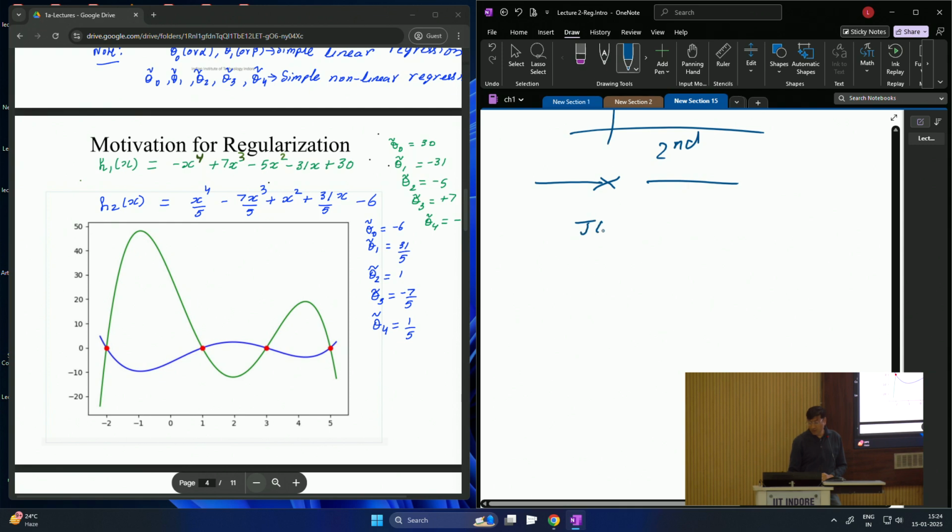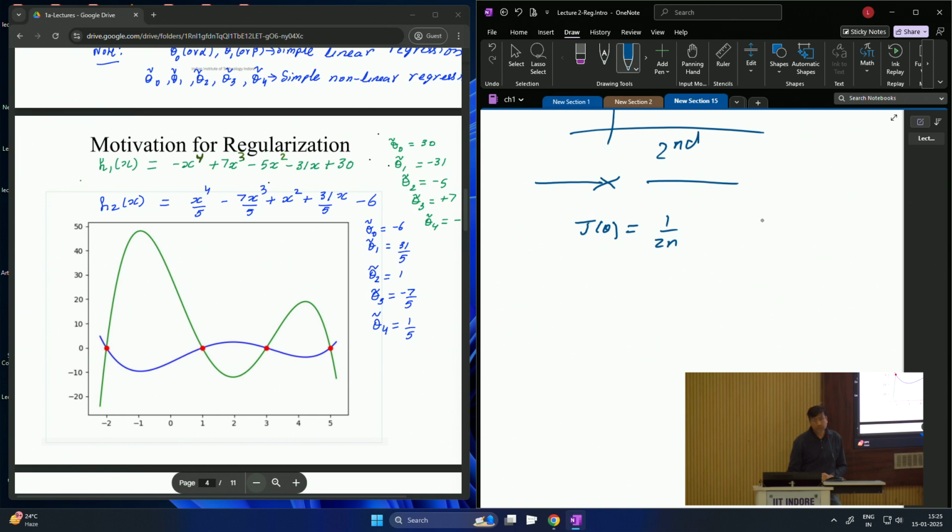So you had your J theta. What was our J theta? Can somebody remind me? Summation of i going from 1 to n, h theta of xi minus yi, and square.